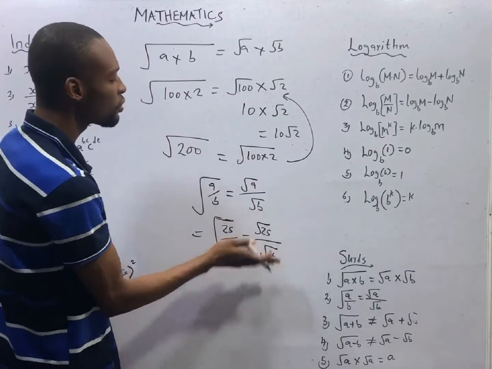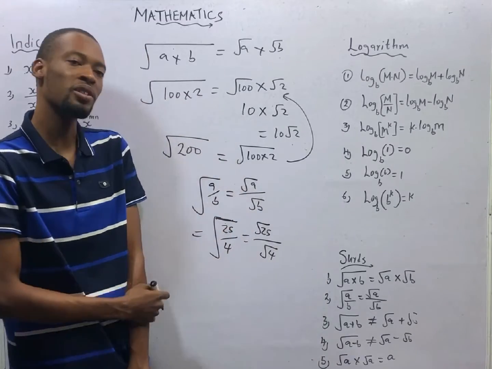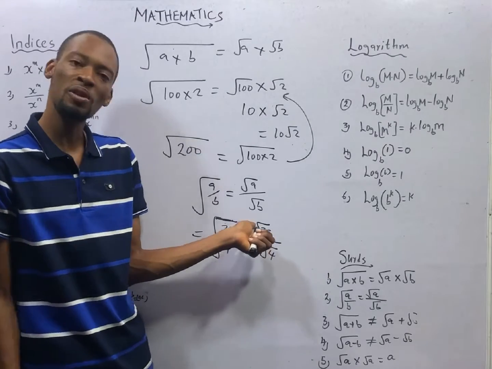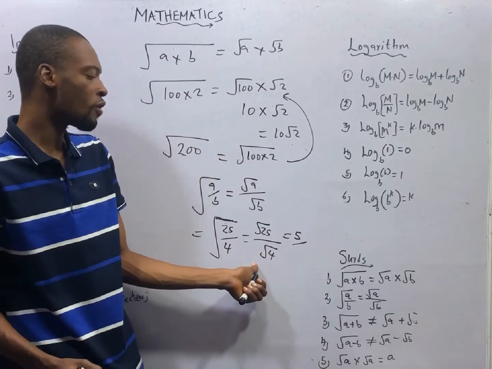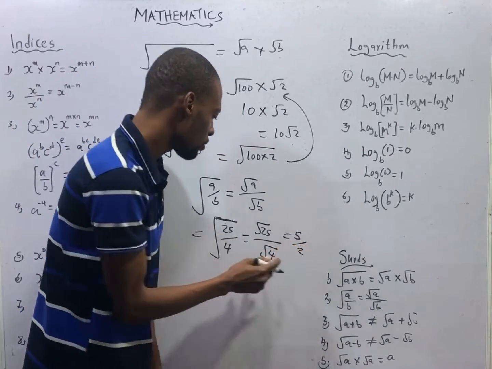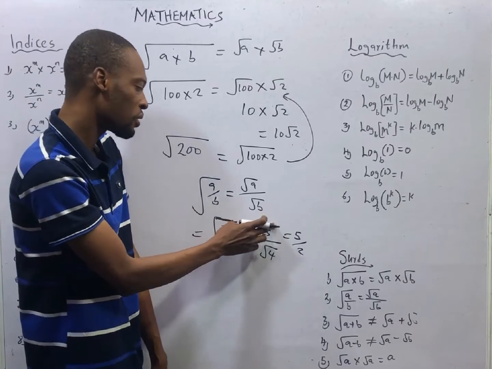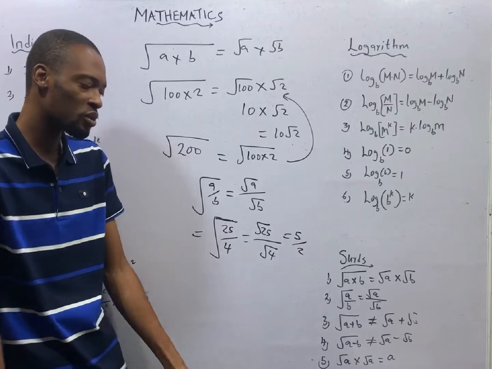So you break the square root into two, one at the top, one at the bottom, once you have the square root of a fraction. Now, if you wish to simplify this, the square root of 25 is 5. The square root of 4 is 2. So the square root of 25 over 4 is equal to the square root of 25 over the square root of 4, and that is 5 over 2.